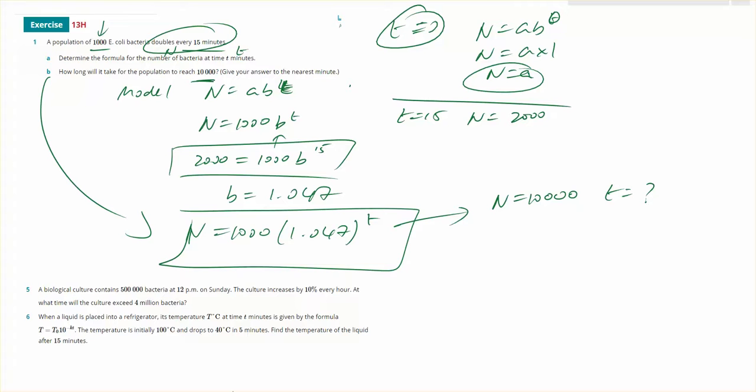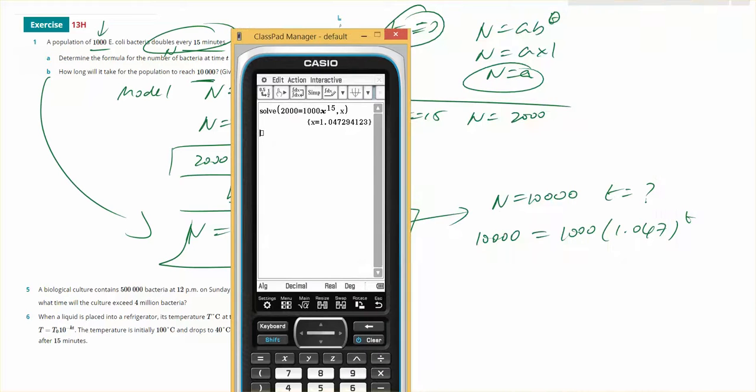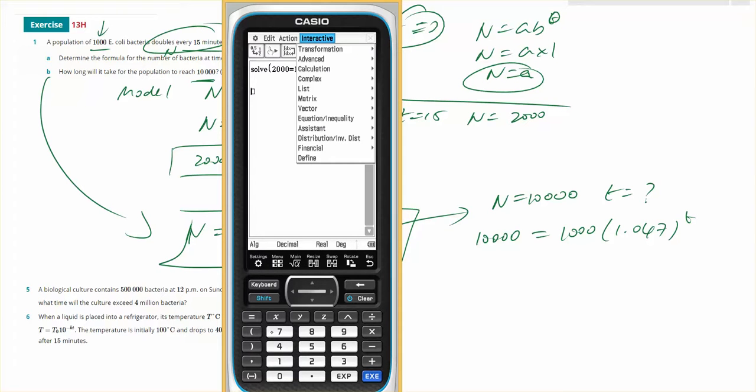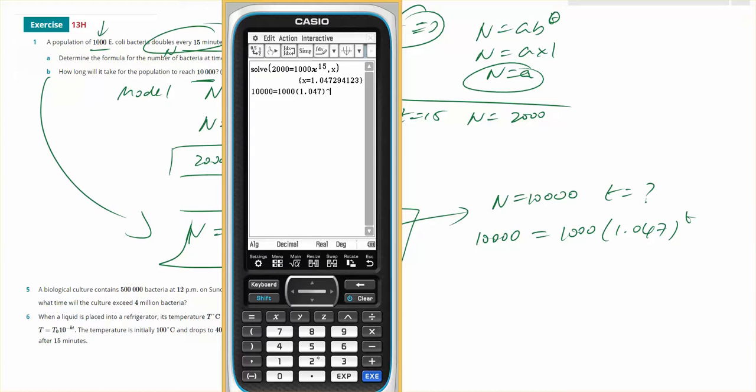So all we have to do is solve 10,000 equals 1,000 times 1.047 to the power of t, and we're solving for t. We'll call it x, but we know it's a t.